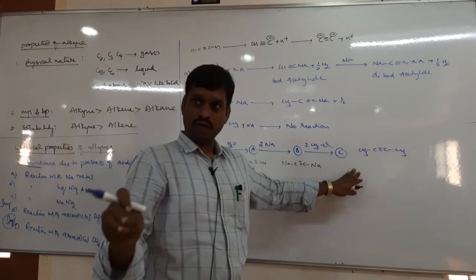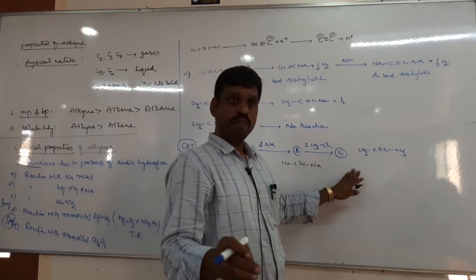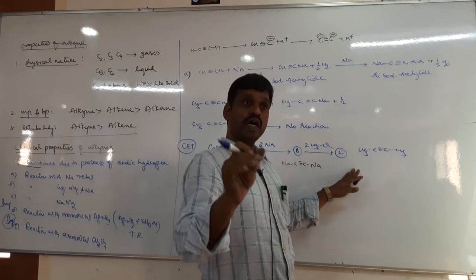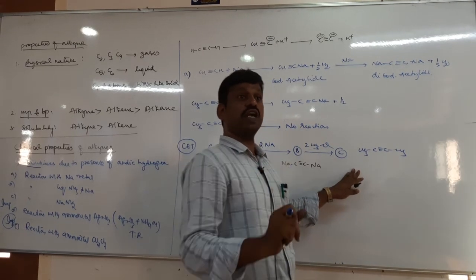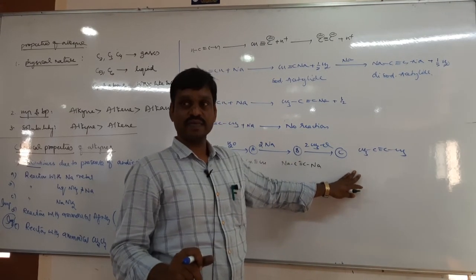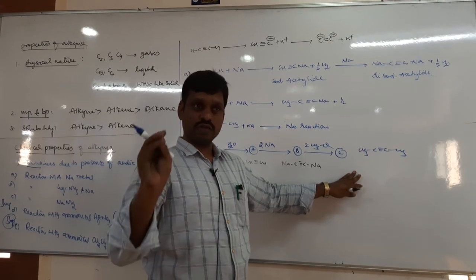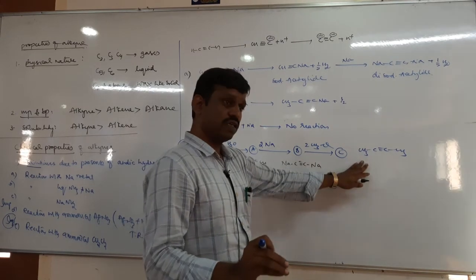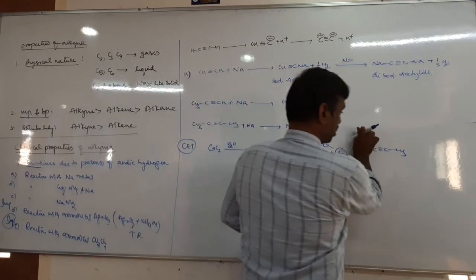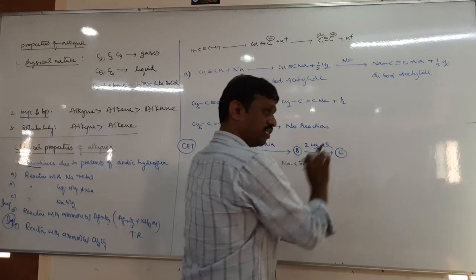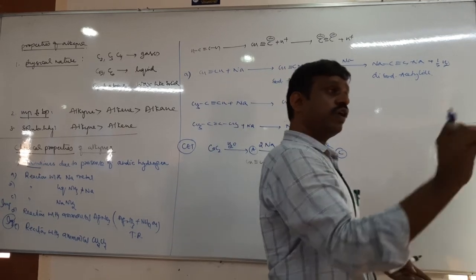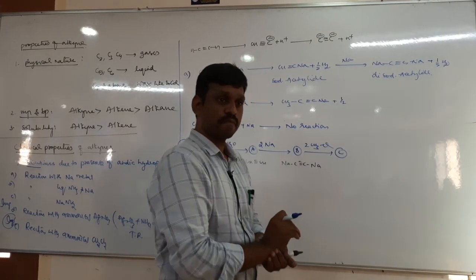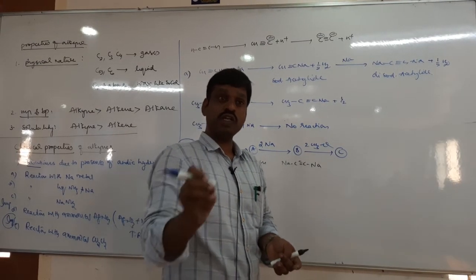Now the options: butane, but-2-yne, but-1-yne, 1,2-butadiene, 1,3-butadiene. Listen to the question carefully. C is the product. We don't know what C is. Which of the following is the positional isomer of C?